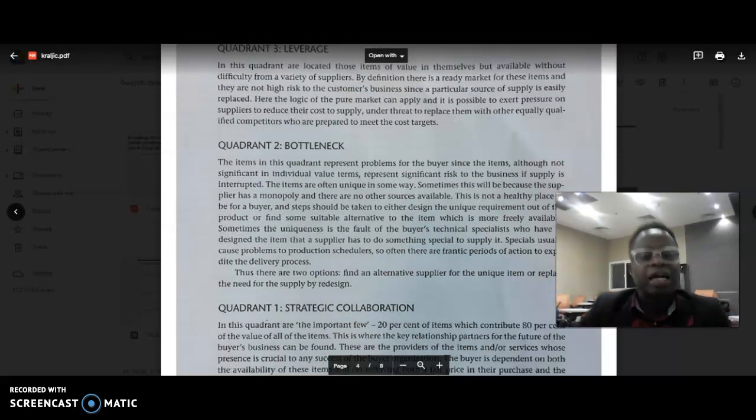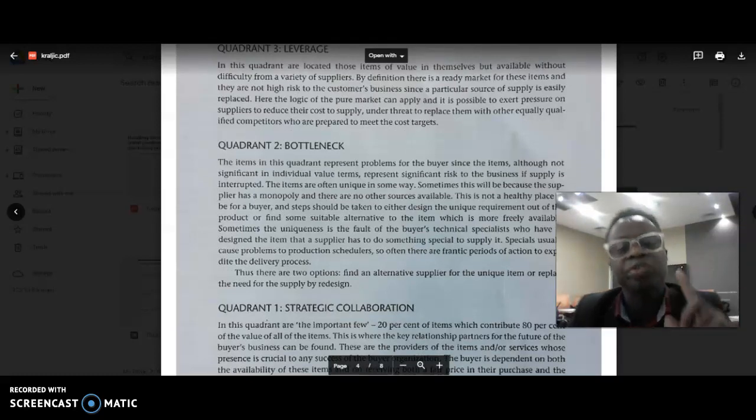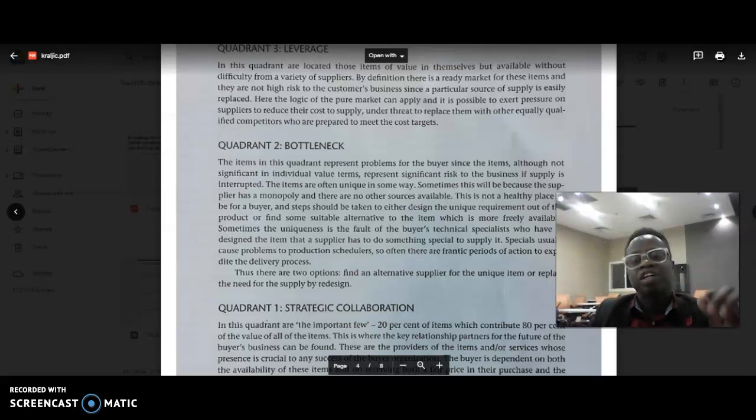Bottleneck. So the items in this quadrant represent problems for the buyer, since the items, although not significant in individual value terms, represent significant risk to the business if supply is interrupted. The items are often unique. See what I said? The items are often unique in some way. Sometimes this will be because of the supplier, or maybe the supplier has a monopoly and there are no other sources available.